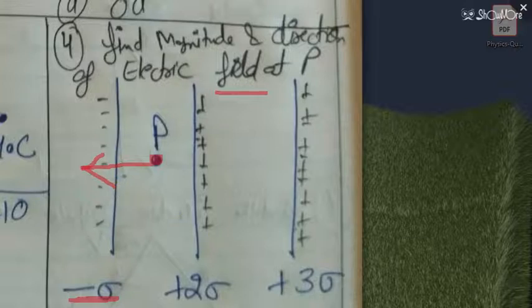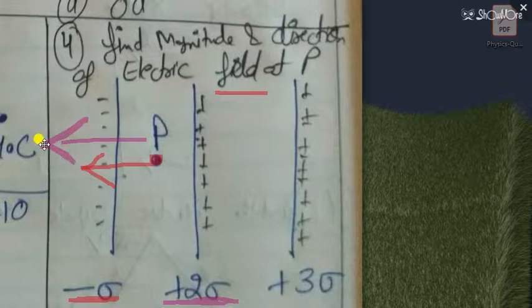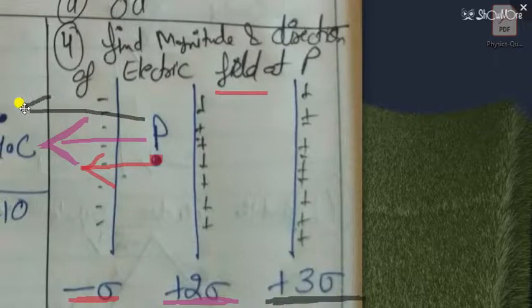Due to this positive sheet, the electric field will be in this direction, and due to this positive sheet, electric field is also in this direction. So this one has value sigma by 2 epsilon naught.